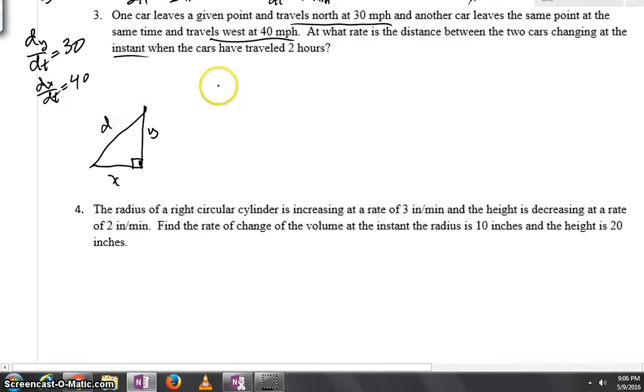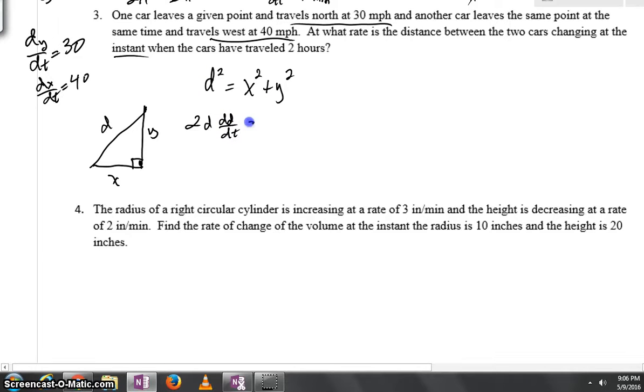Well, right here we have a right triangle, the most famous geometry theorem in mathematics, the Pythagorean theorem. D squared, distance squared, is equal to x squared plus y squared. These are functions of time. Let's take derivatives. 2d, dd/dt.